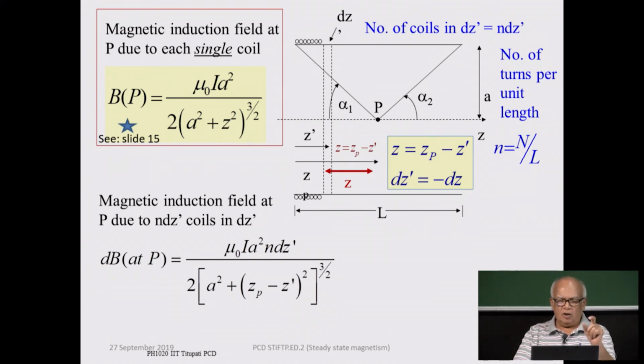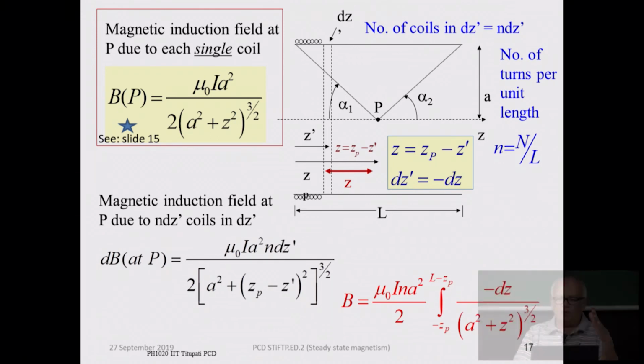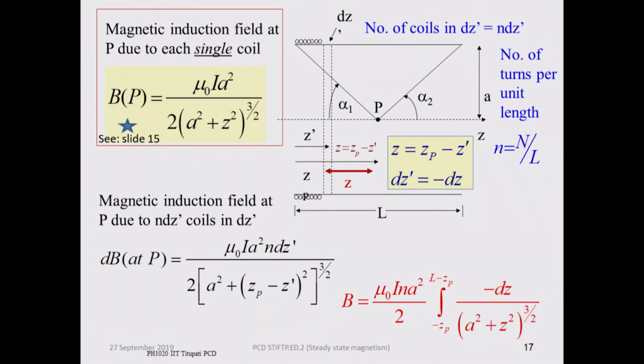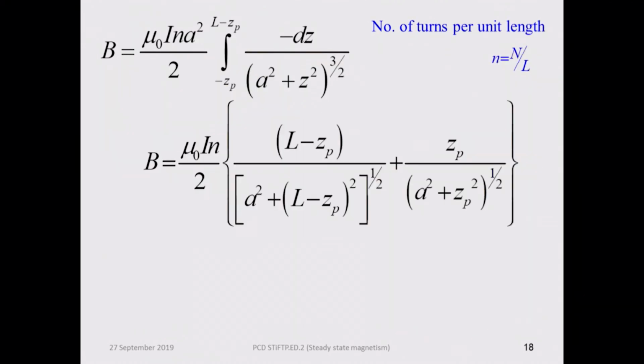Because there is not just a single coil in this element dz, but n times dz prime. Now you have to integrate it, but you are integrating over z and not over z prime. So, dz prime is minus dz. You just keep track of the signs and the Pythagoras theorem and the geometry and integrate from one end to the other, and you get a straightforward integration result.